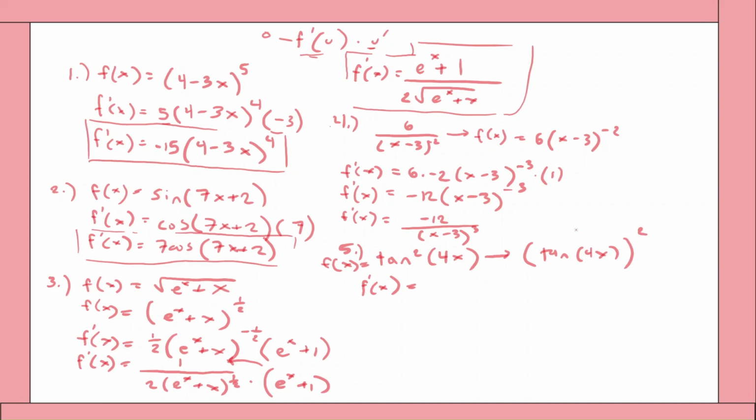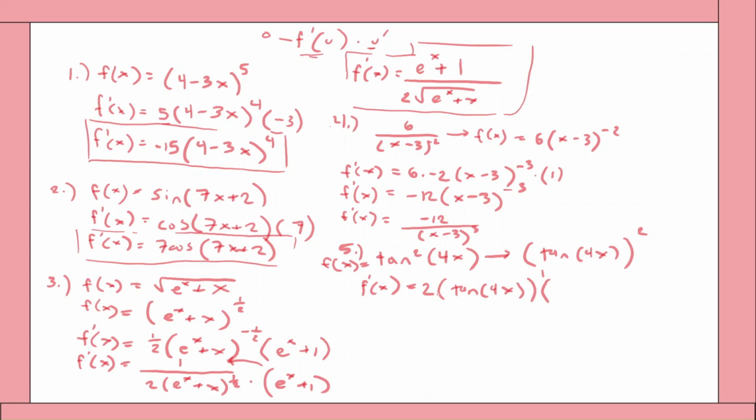So the first part of this is the exponent part. We're going to bring the 2 down, and the inner part will stay just the same. So tangent of 4x, and then we subtract 1 from the exponent 2. That's just to the first power, so it's kind of invisible.